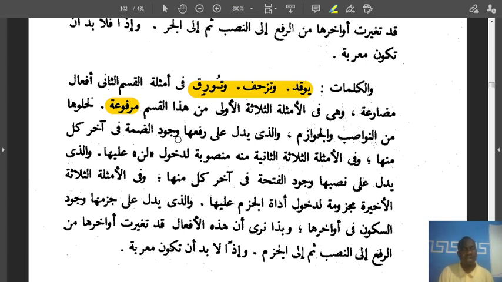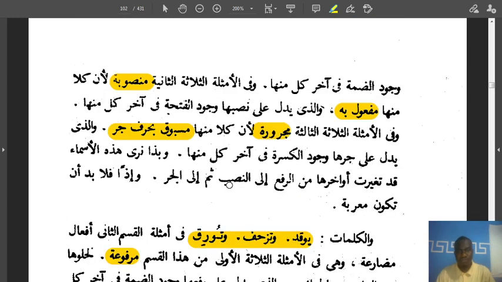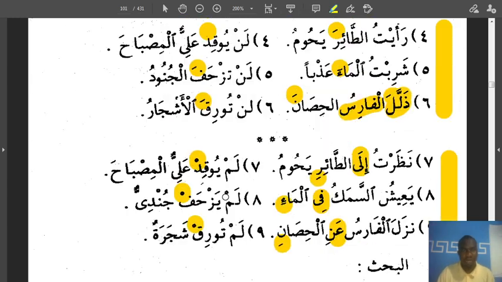وَالَّذِي يَدُلُّ عَلَى رَفْعِهَا وُجُودُ الضَّمَّةِ فِي آخِرِ كُلٍّ مِنْهَا. These are repetitions. What makes us know that it is marfu' is the dhamma at its end. وَفِي الْأَمْثِلَةِ الثَّلَاثَةِ الثَّانِيَةِ, in the second set, for the sake of those who are just using this video and not referring to their books, let's scroll back again.